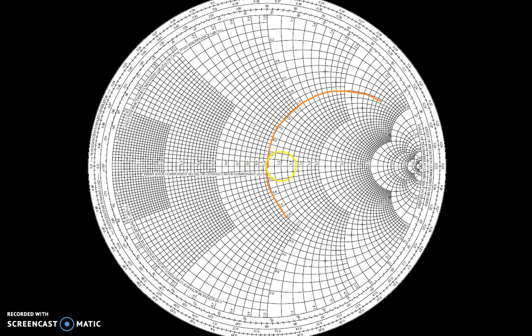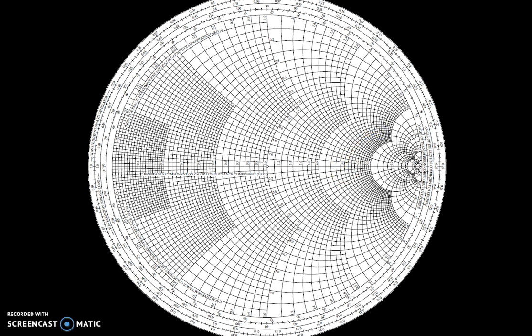So if you look here where it says 1.2, this means that along this circle here, this big circle, I can't draw it well, but you get the idea. Along that circle, the normalized resistance is always equal to 1. And the same thing, for example, if you go to this one here where it says 3, that will mean that the normalized resistance anywhere on that circle will be equal to 3.